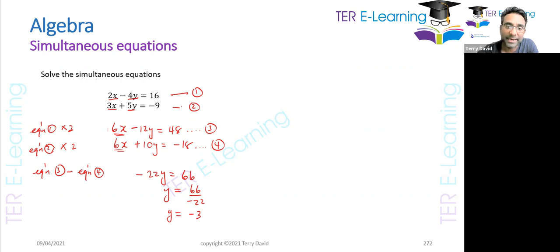Next step, we're going to take that and substitute it into any one of our equations to find x. So you're going to say substituting y is equal to minus 3 into, well, I'm just going to choose equation 1, right? You can choose any one of the equations, you'll get the same answer.